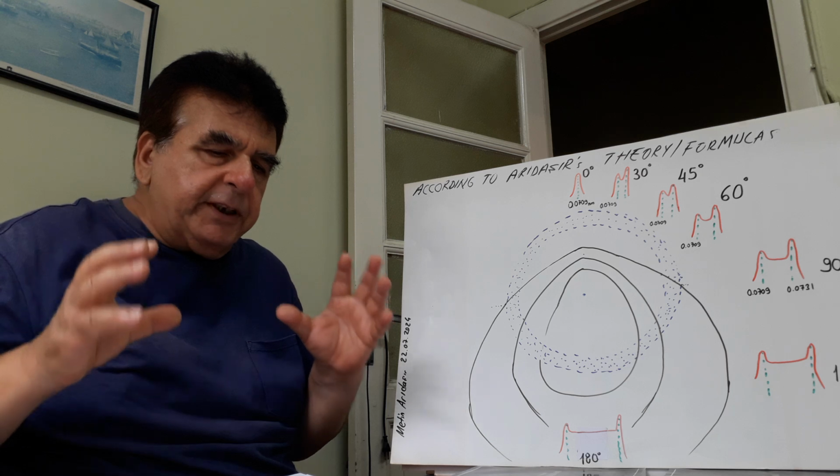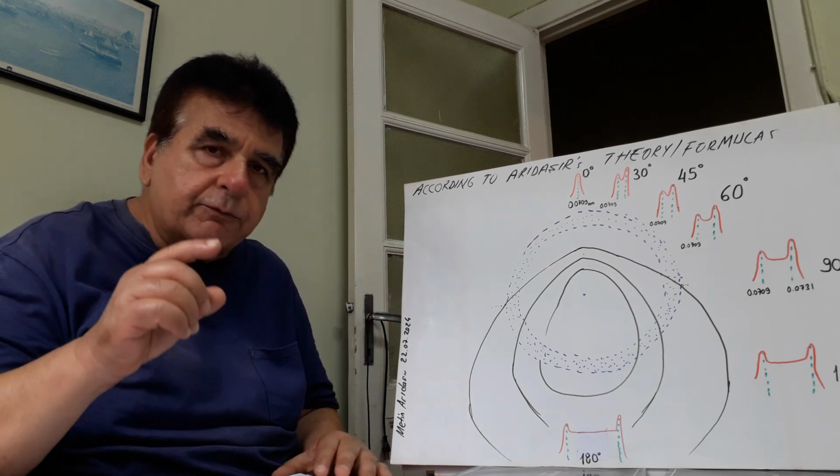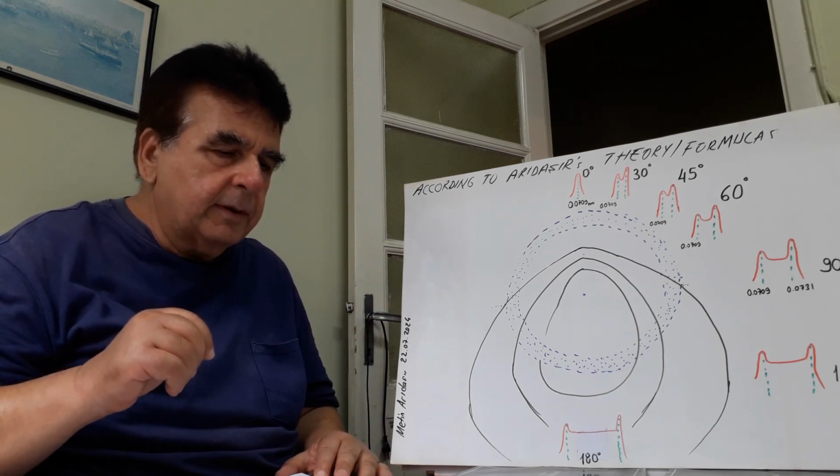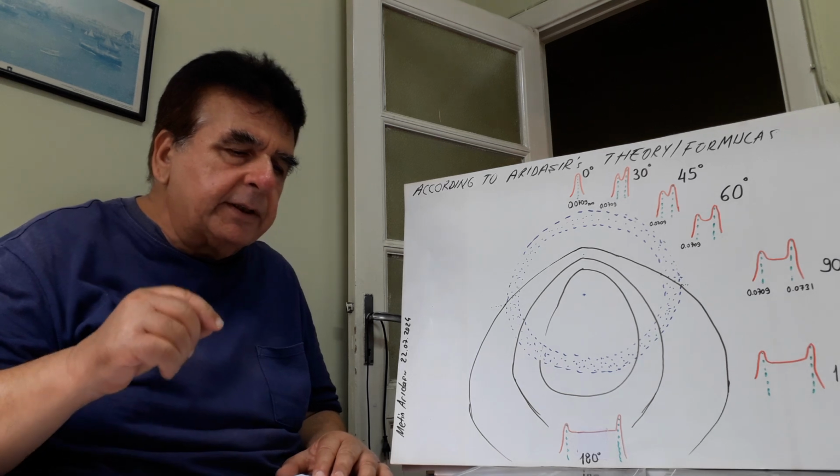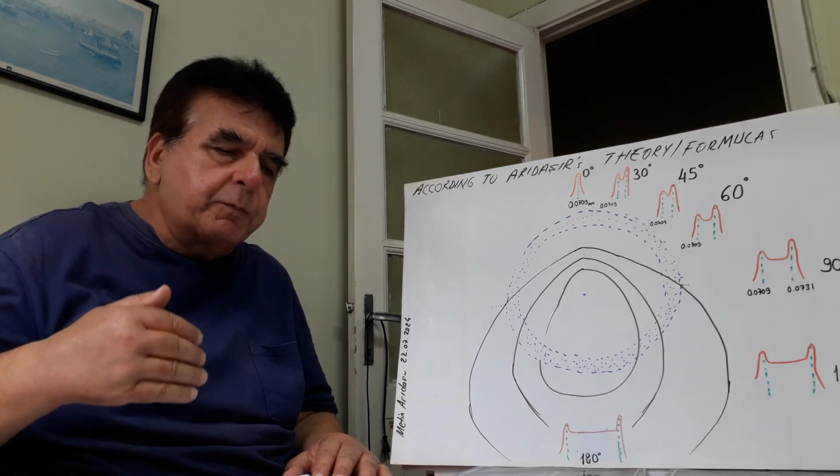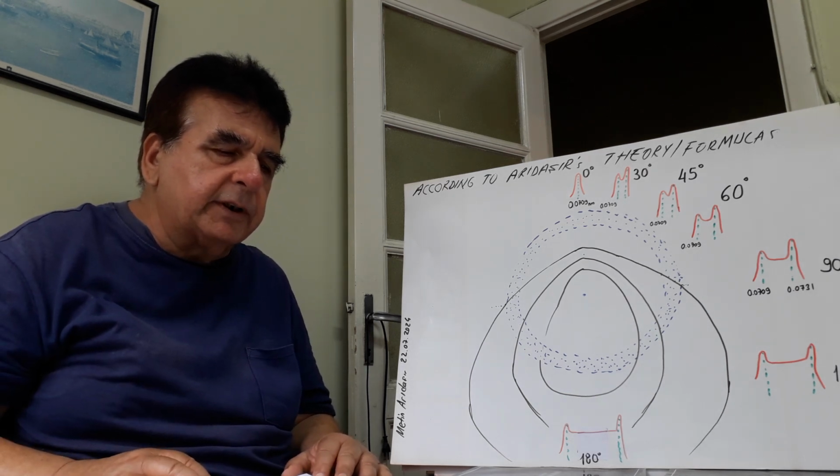Now this speed difference will be my first variable, the first variable that I will use when explaining the Compton shift according to my theory.